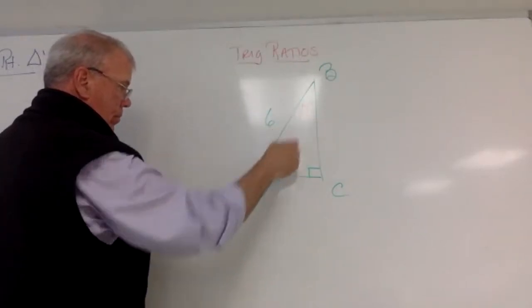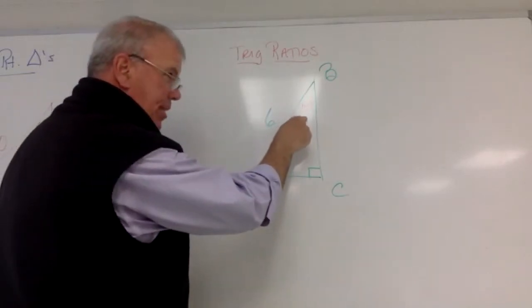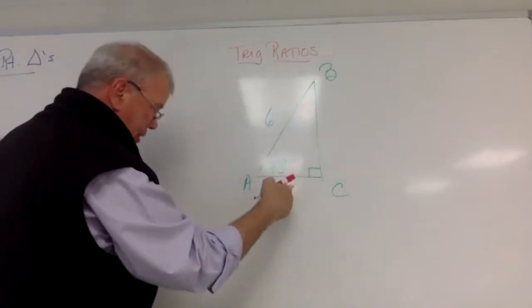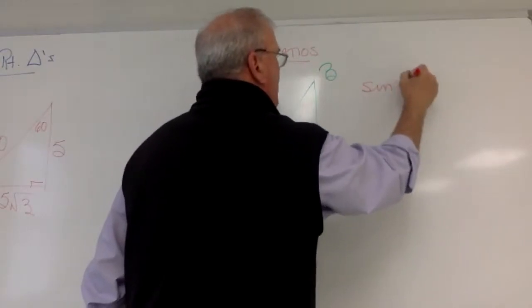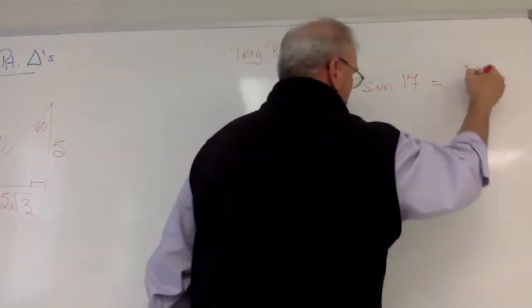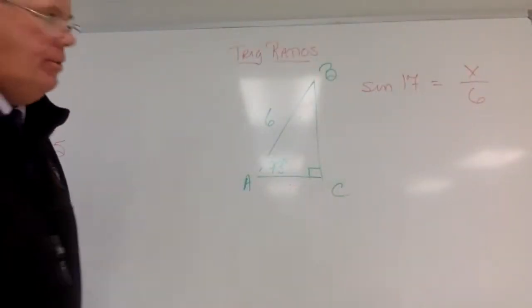Yes, you can. I can use the sine of 17, right? What's the sine? The opposite over the hypotenuse. So the sine of 17 has to be equal to x over 6. Has to, right? Yes.